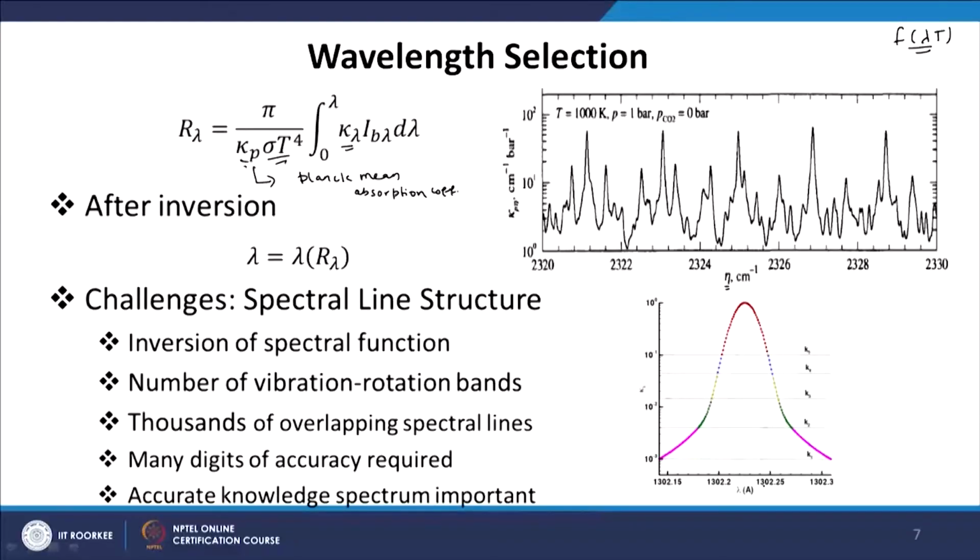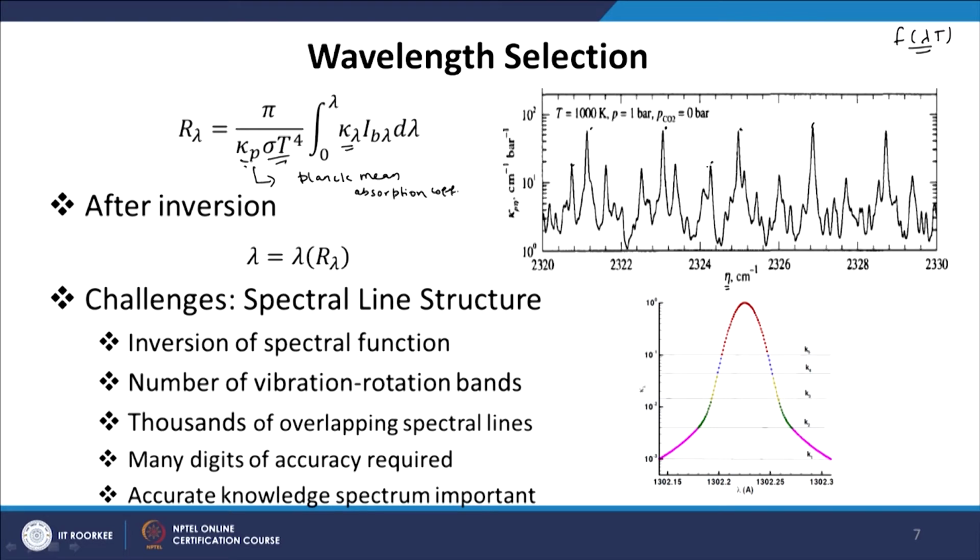These gases have many degrees of freedom like vibration and rotation, which lead to what we call vibrational-rotational bands, and these bands have a very erratic nature. The absorption coefficient varies very rapidly over wave number or wavelength. There may be thousands or millions of such peaks.